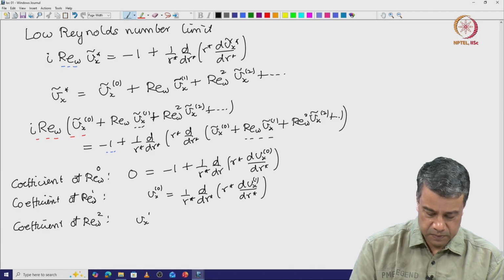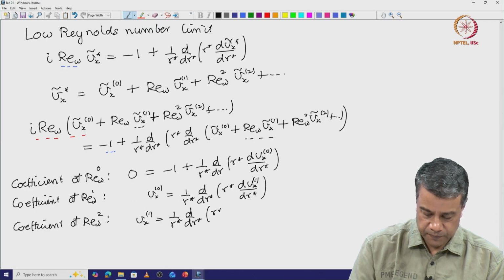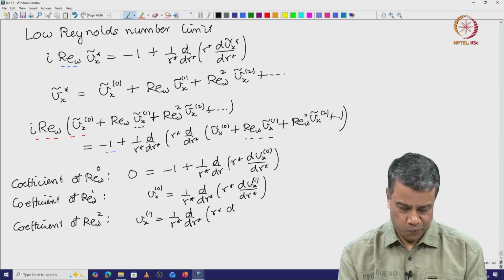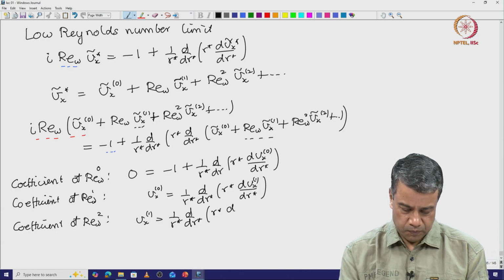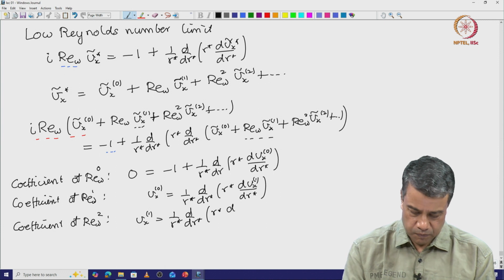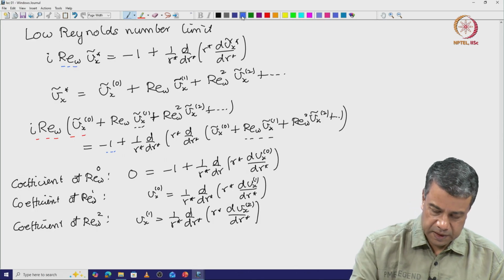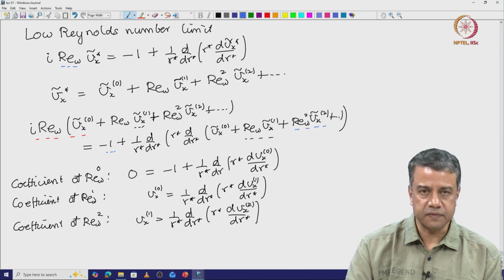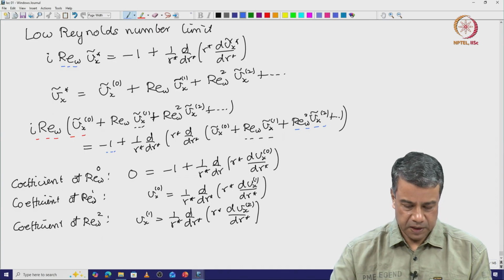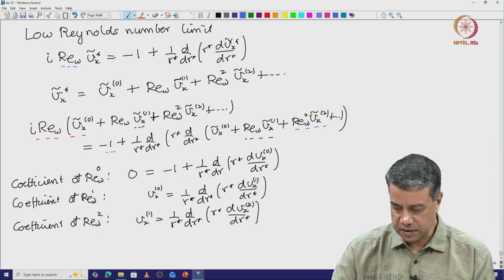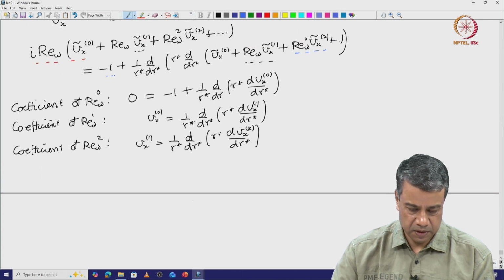So, I will get Vx1 is equal to 1 by R. On the right side, the coefficient of Re omega square is Vx2, and so on. So, you can expand this up to any order. I have expanded only up to the first two orders.